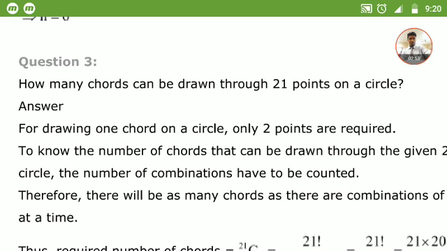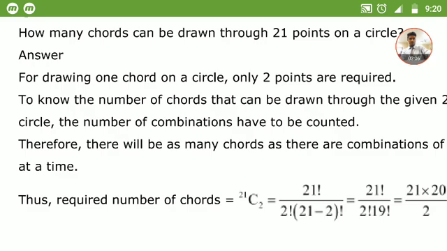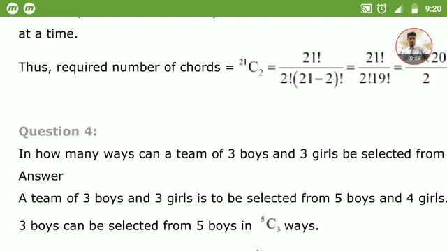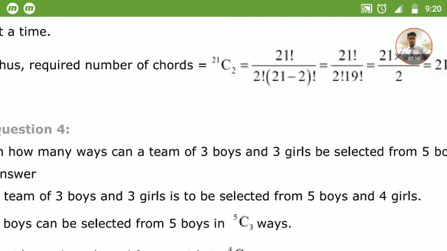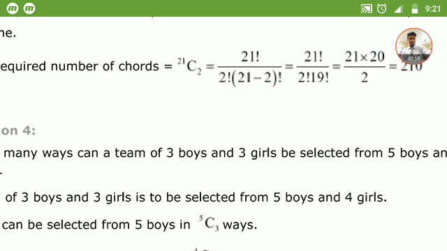So you have to select 2 points amongst those 21 points. Now, how many ways can you select? 21C2. Great. Solve it, plain calculation, nothing else. 21 into 20 divided by factorial 2, the 19 factorial goes off. 21 into 10, 210.